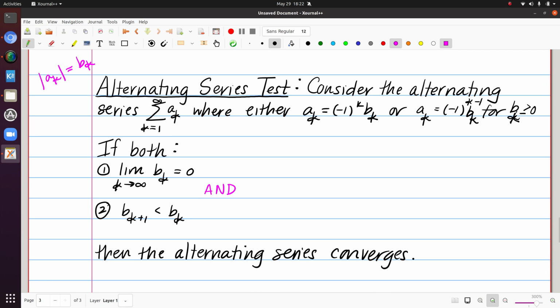One thing I want to point out is that this can be a little disconcerting given the emphasis we've placed on the terms going to 0 telling us no information. It's still true that knowing that the terms go to 0 for a positive series tells us nothing about the convergence or divergence of that series. This is now only talking about an alternating sum.